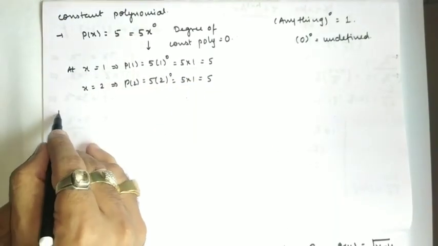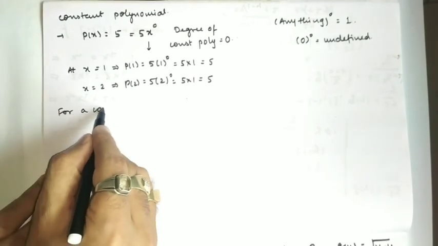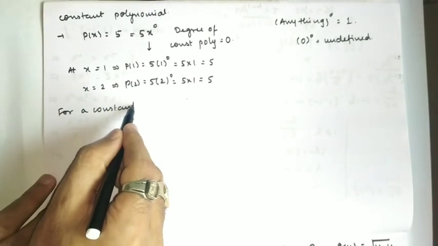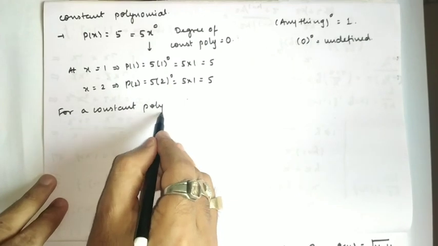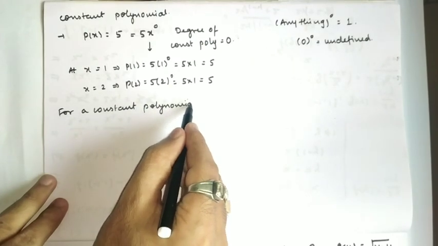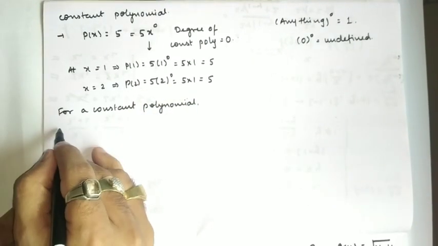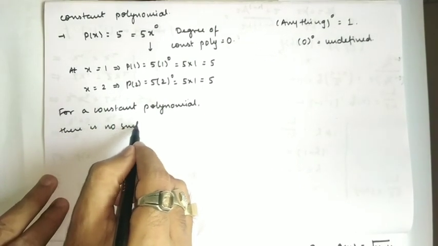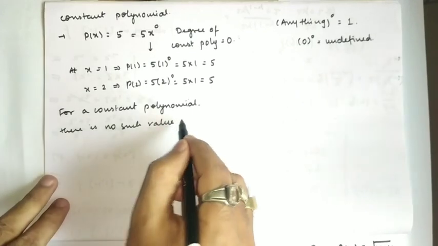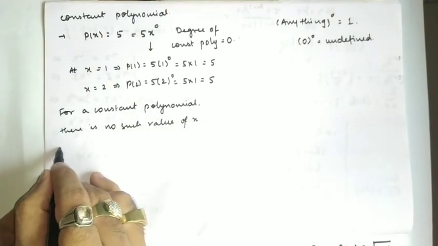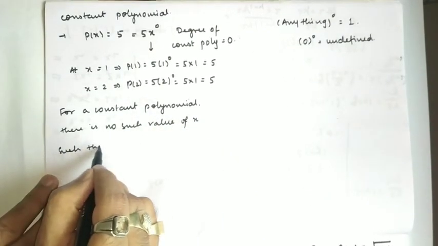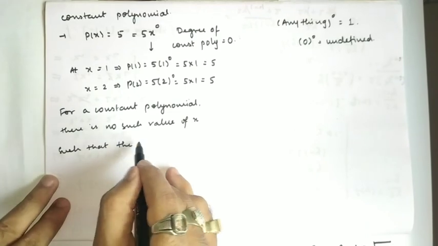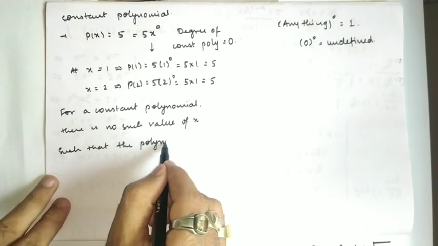So for a constant polynomial, there is no such value of x such that the polynomial becomes 0.